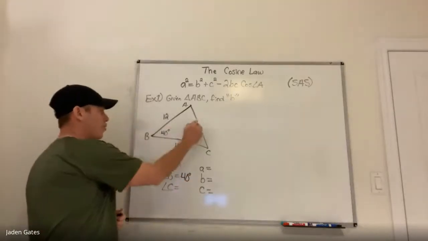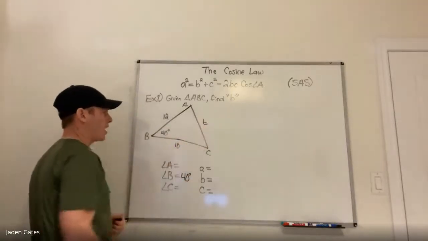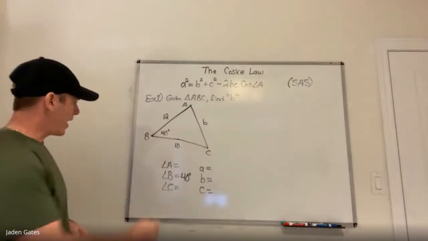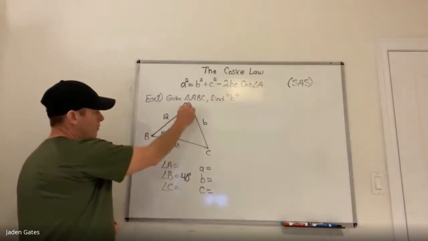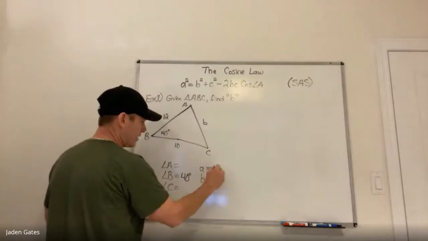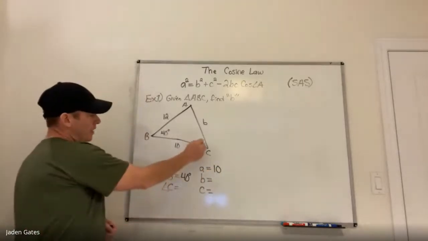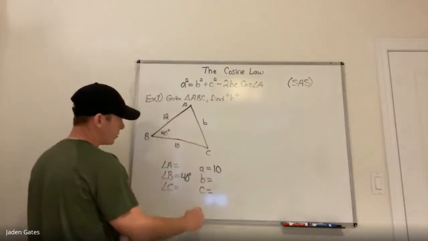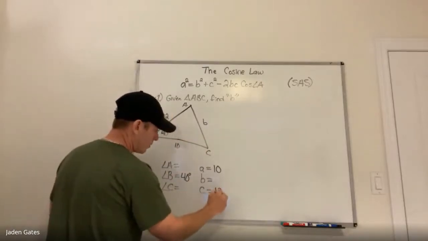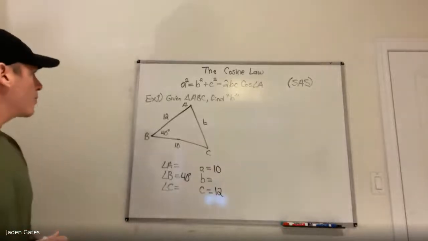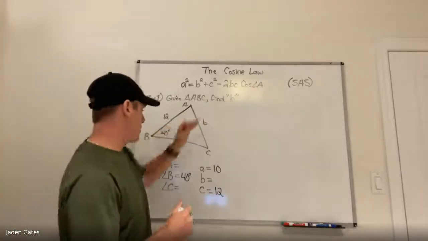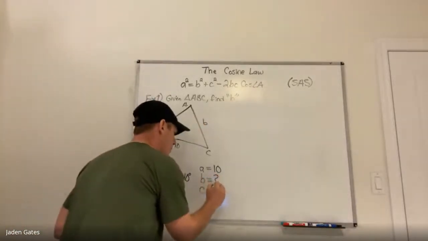But again, across from it would be side B, which I don't know. I have this 10. It's across from angle A, so it is side A. Again, just like the sine law. There's angle C. Across from it is side C, so side C is a 12. And we are looking to find side B here. So that's our question mark.